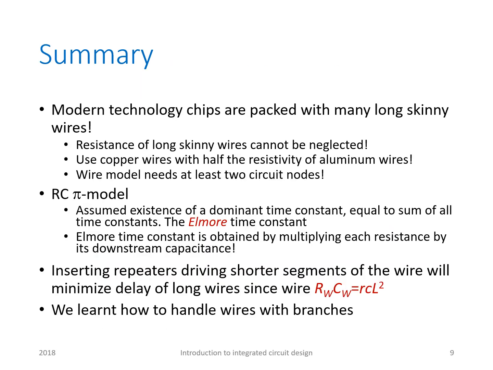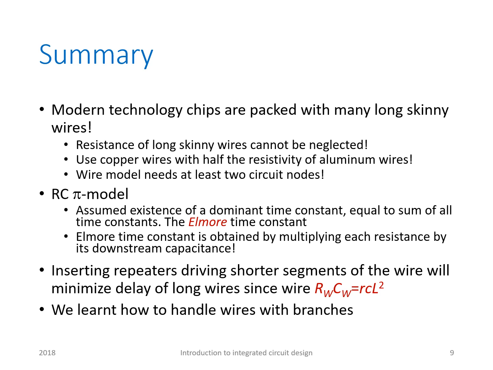So in summary, modern technology chips are packed with many long skinny wires. Resistance of long skinny wires cannot be neglected. Use copper wires with half the resistivity of aluminum wires, and wire models need at least 2 circuit nodes.